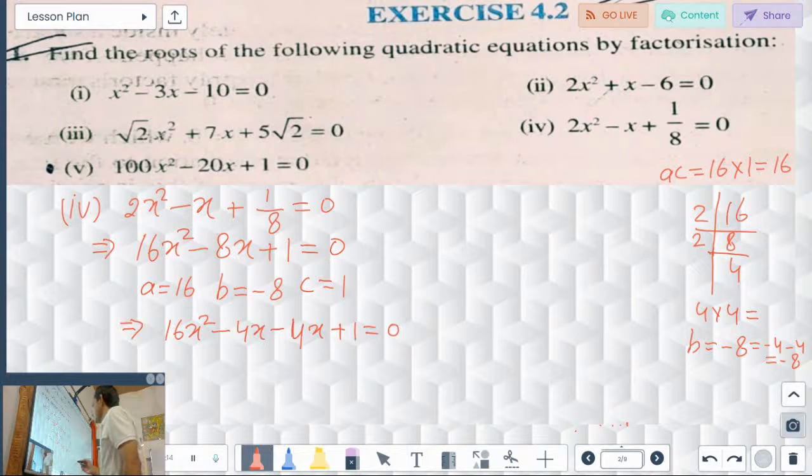Now 4x is common: 4x into 4x minus 1, minus 1 into 4x minus 1, equal to 0.